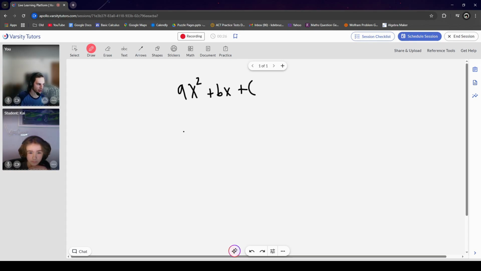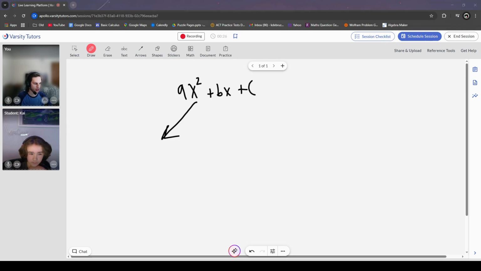There are two ways we deal with this. The first way is through greatest common factoring. Let me give you an example of one that factors.